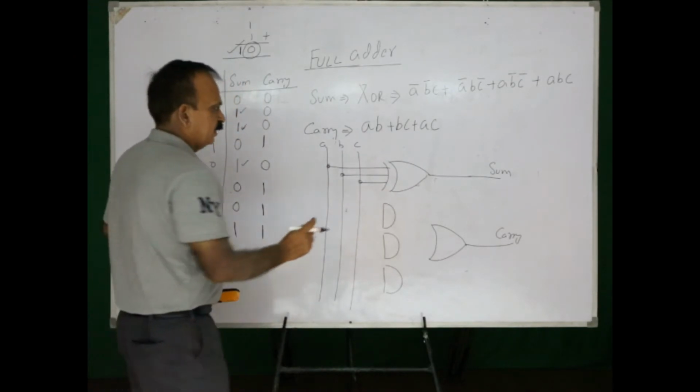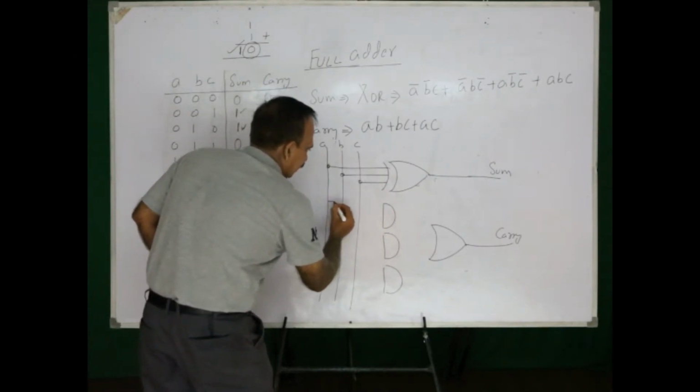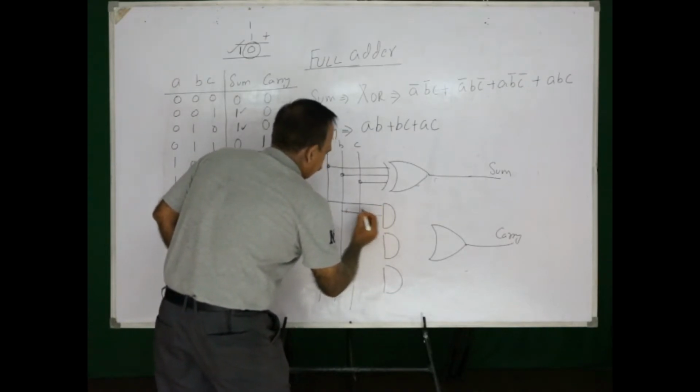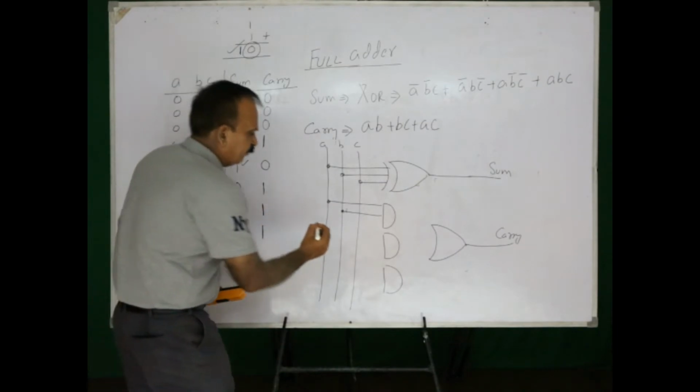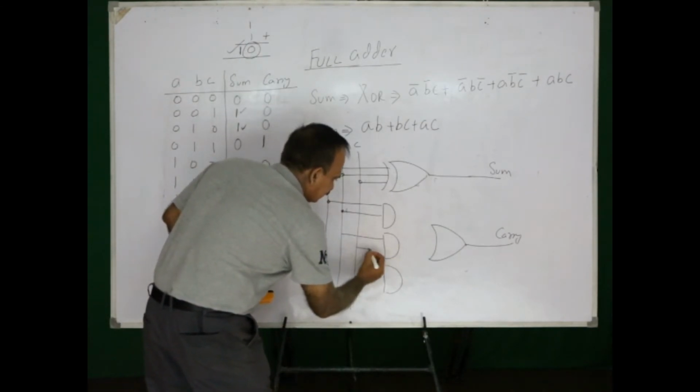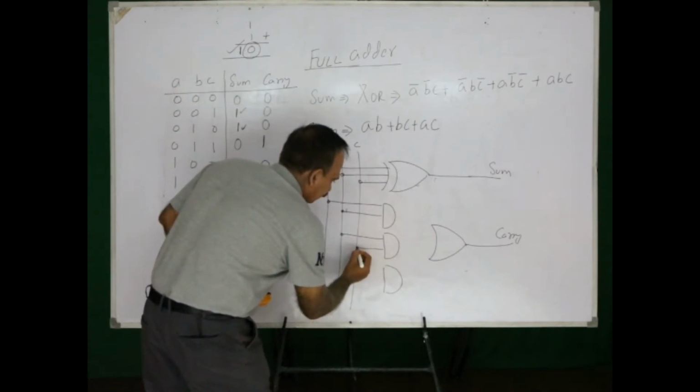For the next one, the first AND gate will be having A and B as inputs and the output will be AB. The second will be having B and C, the output will be BC.